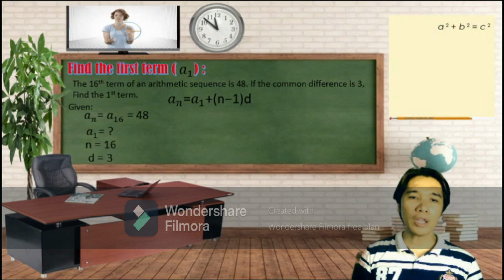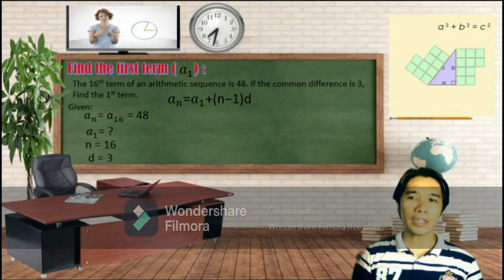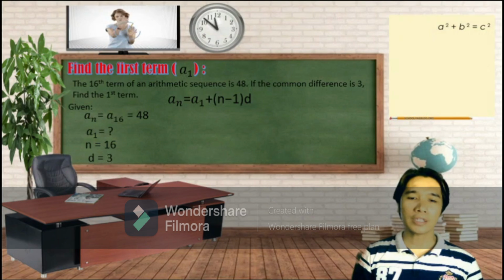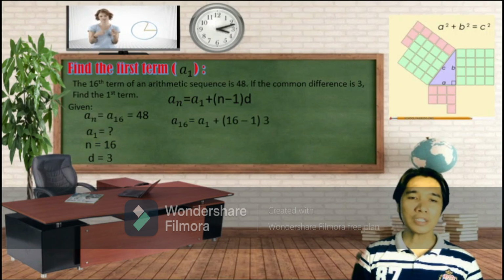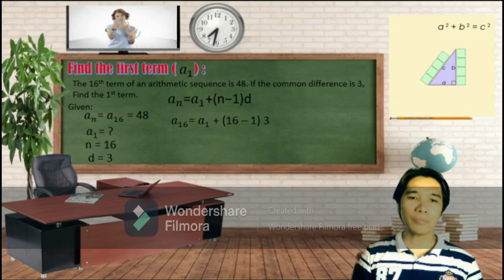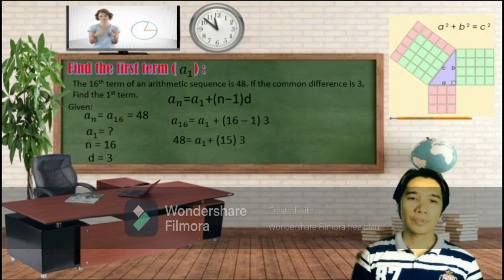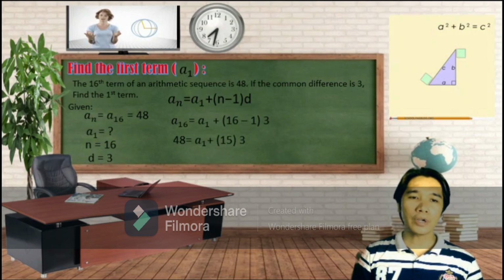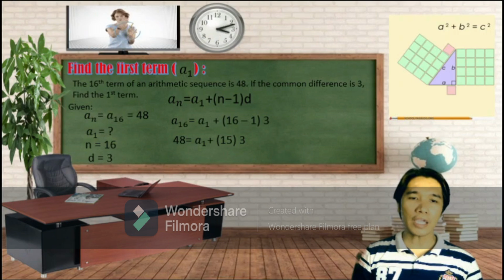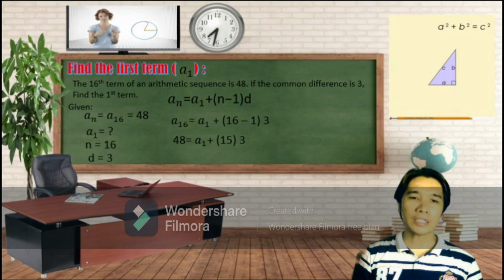Using the formula for the arithmetic sequence, a sub n is equal to a sub 1 plus n minus 1 times d, let us substitute the values. a sub 16 is equal to a sub 1 plus the quantity of 16 minus 1 times 3. The value of our 16th term is 48, so we are just going to substitute it in for a sub 16.